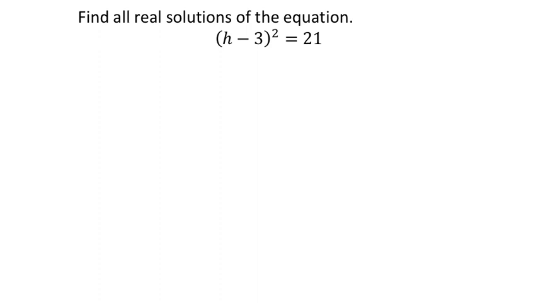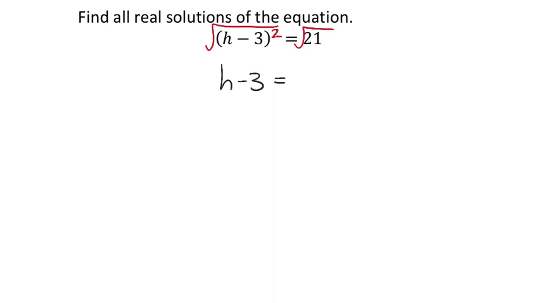Okay, so on this one, all right, this is an equation. It's not really quadratic. We don't want to change it to a quadratic because I can solve this because I have something to the power of 2 equals something else, right? Like we saw, a squared equals b. So I can square root both of these, right? And then the square root of the power of 2 just leaves me with what's inside there, h minus 3. And then this would equal the square root of 21.